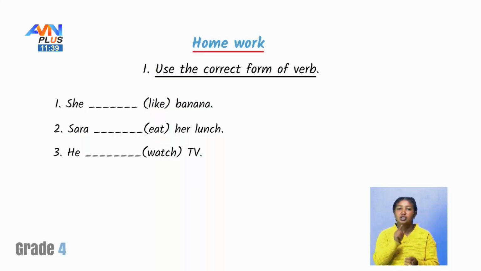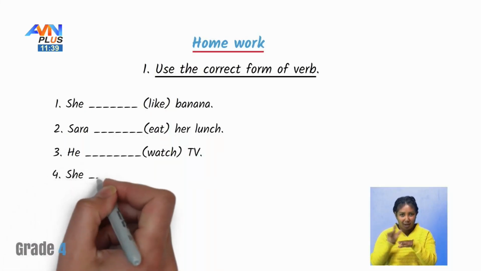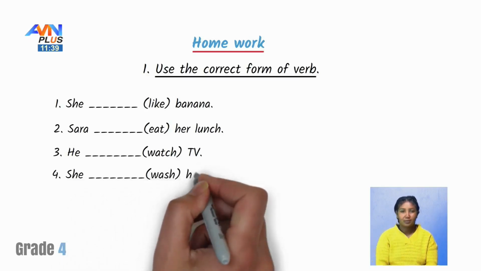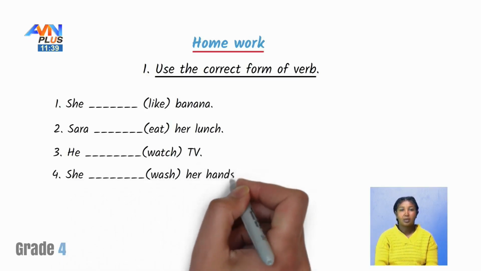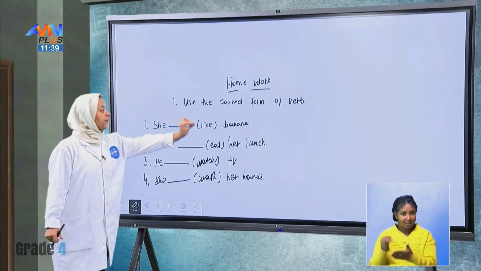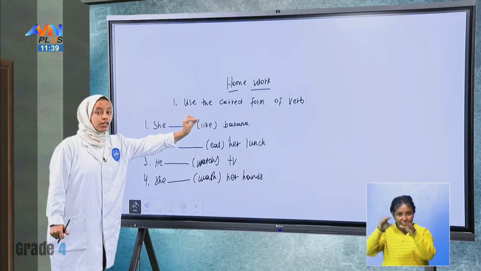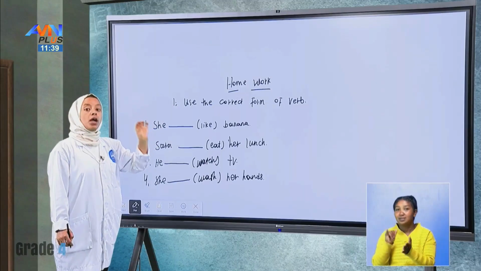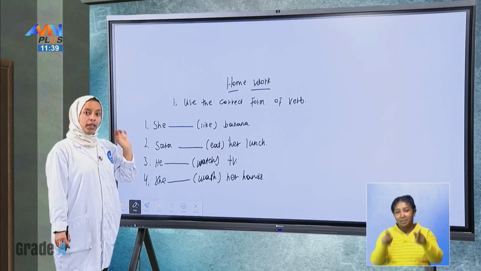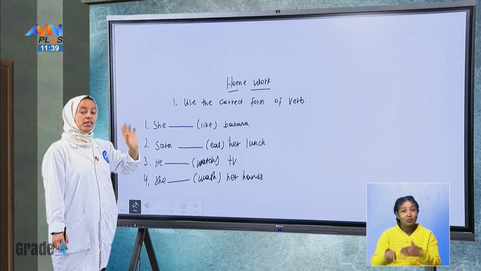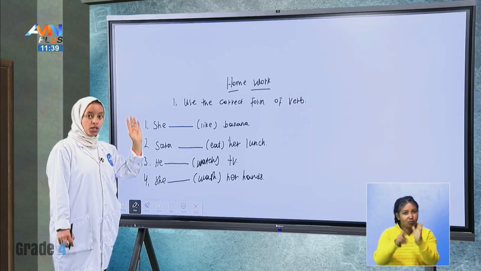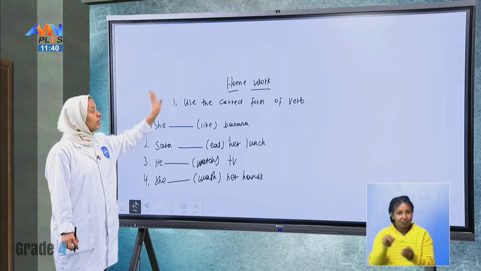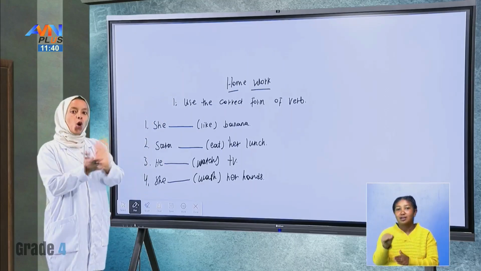She blank wash her hands. So, students, here are the verbs in the bracket. You can use the correct form of verbs that we are using for simple present tense. We have different rules: add s, es, ies. Those are the rules you can use for your homework.